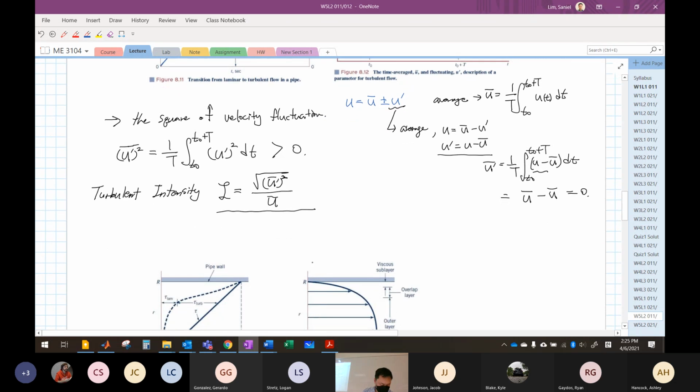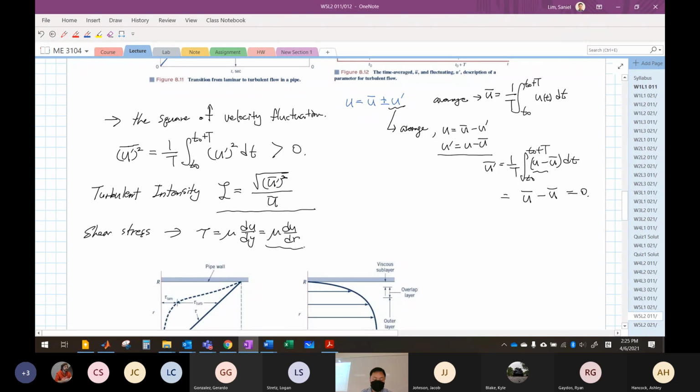Okay. Then for the shear stress in the turbulent flow. First, in the laminar flow, it was mu du dy, or mu du dr. This was the shear stress in the laminar flow.